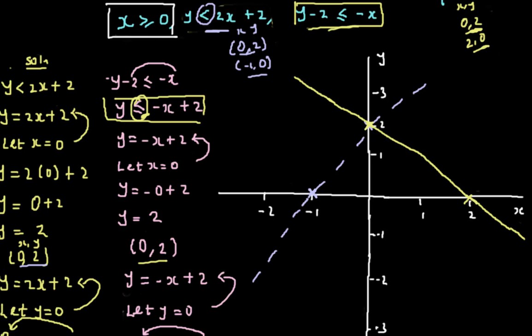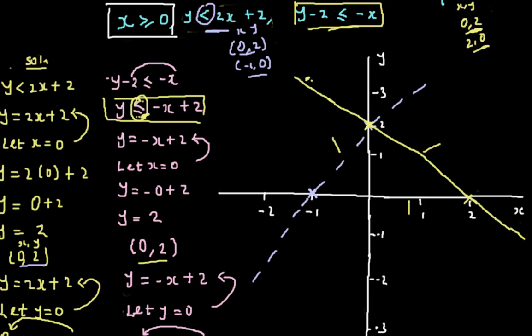Alright, so we have 3 line graphs. This is the first, this is the second, and this is the third. So they serve like boundaries. But let's confirm what parts we need to shade. So for this inequality, which is the last inequality, we have y is less than or equals to. So it means that the part to be shaded is below the graph.